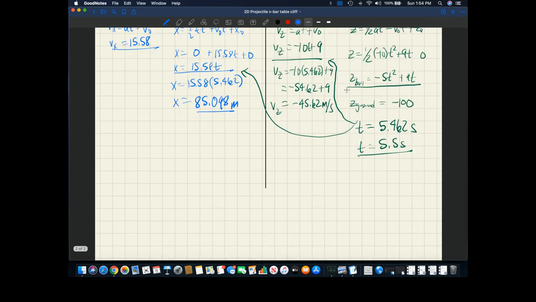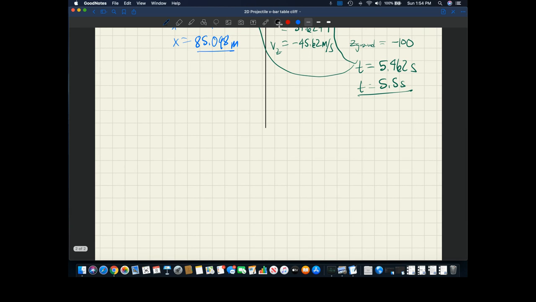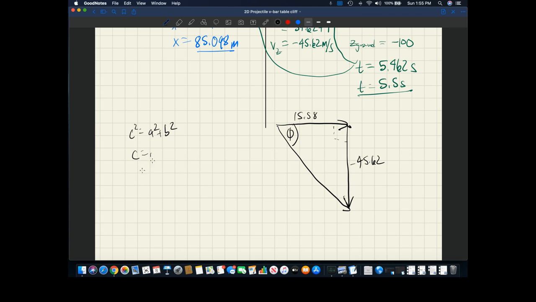Well, just like we did before, we've got to draw this out. And I don't suspect we're going to get a noticeably different answer, given the significant digits that are in play. But we've got 15.58 and minus 45.62. And if we're looking for this angle phi, so we've got c squared equals a squared plus b squared. C is the square root of a squared plus b squared.